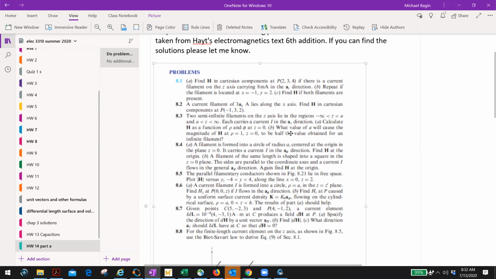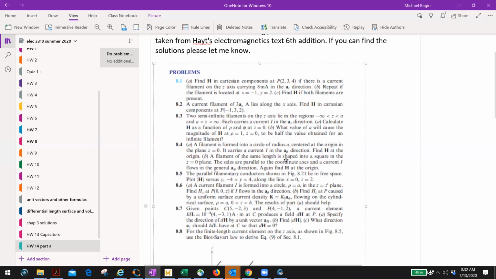This is a book. It's Hayt's Electromagnetics text. It's the 6th edition, and I thought I had the solutions for this, but I don't. But some of you probably can get it. I can probably request the solutions, but that's how you do that one.